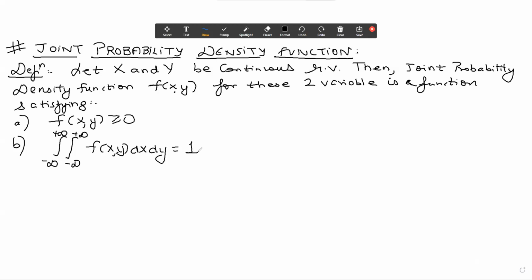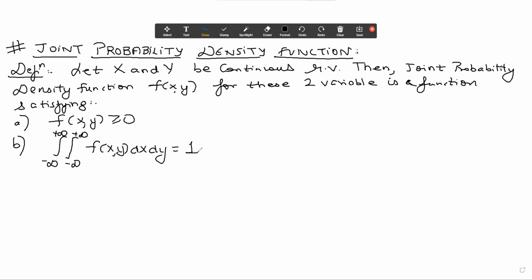So let x and y be two continuous random variables. So they are defined on a real line. Then the joint probability density function f of xy for these two variables is a function which satisfies two properties. The joint PDF f of xy is greater than or equal to 0.